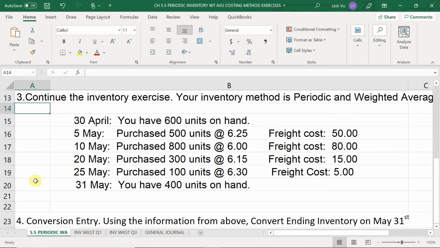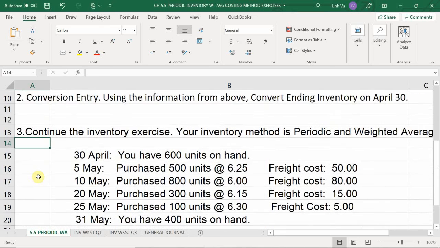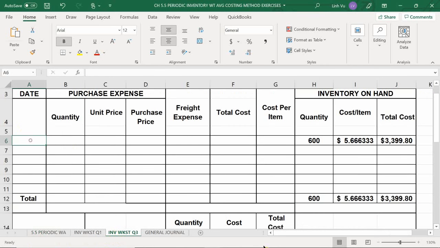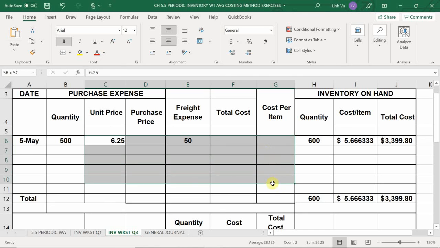So here, May 5th, we purchased 500 units at $6.25 with a freight of 50. Okay. So May 5th, 500 at $6.25 with a freight of 50. So in this case, what is going to be my total purchase price?